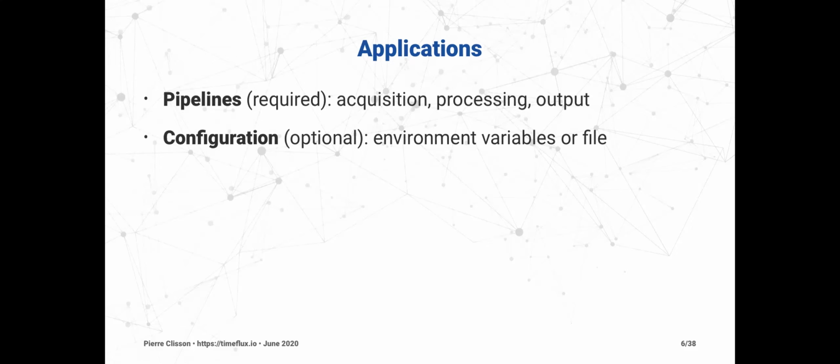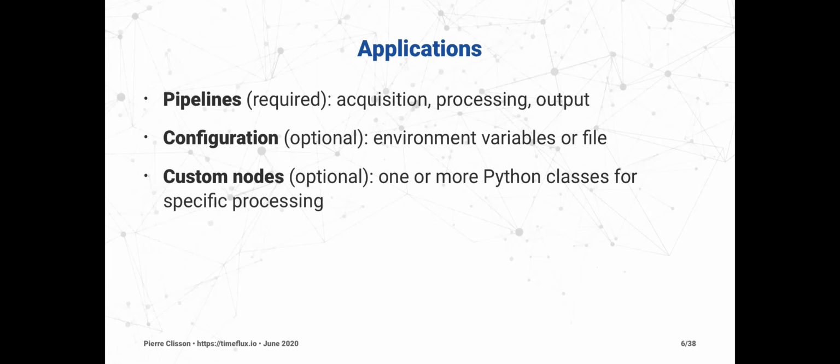Another component of an application is a configuration file. And usually you can configure your pipelines using environment variables, either directly in your console or in a file. And sometimes you want to have a very specific node, a very specific piece of code that will do signal processing.